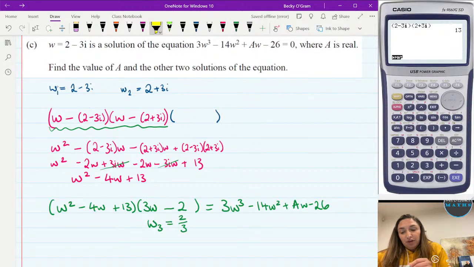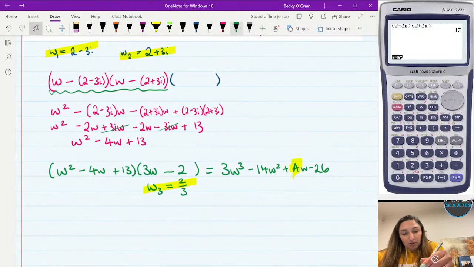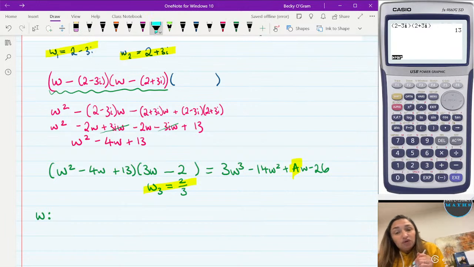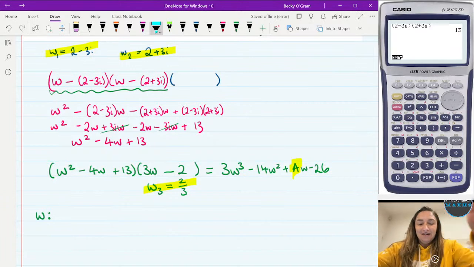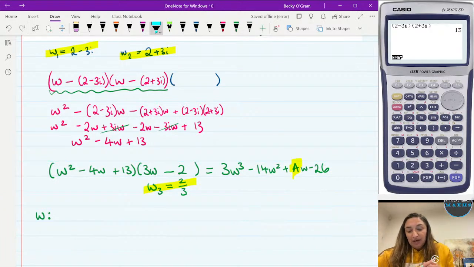Okay, so we've got our three roots here, here, and here. The last thing is to work out the value of a. Now we can get w pieces, so just compare the terms that have w by taking what's on the left and what's on the right to make w's.